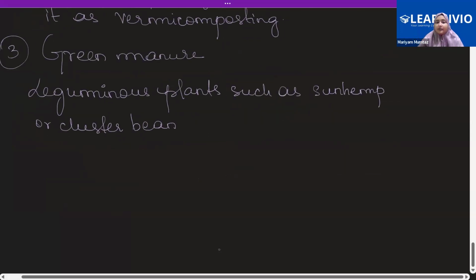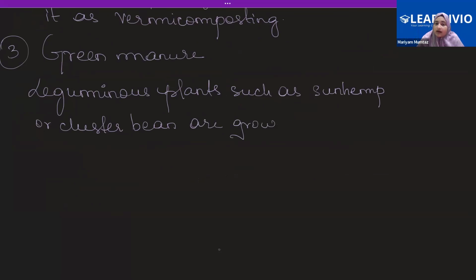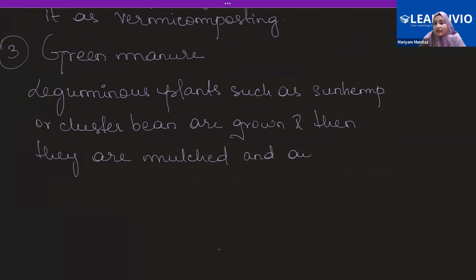So these leguminous plants such as sun hemp or cluster bean are grown, and then they are mulched and added to the soil.